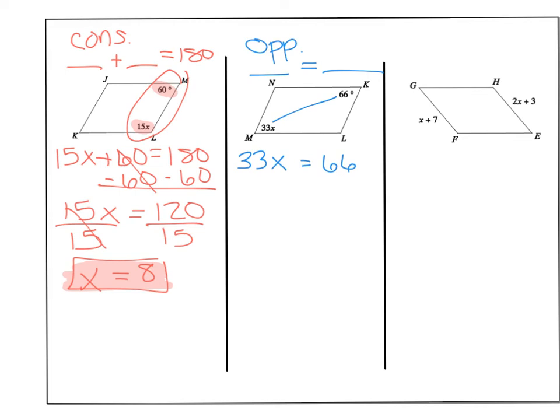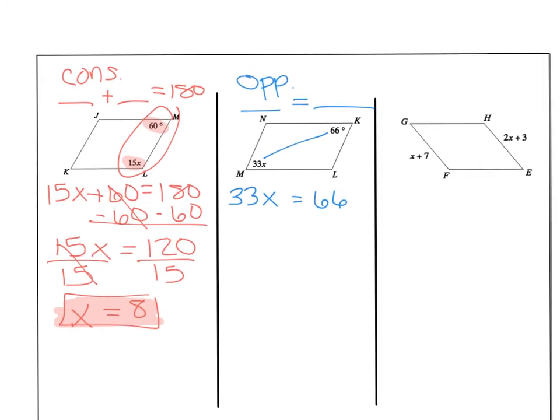Remember, it doesn't matter which side of the equal sign you put things on. I could set this up as 66 equals 33x. It means the same thing, as long as we're setting it up with the equal sign in between. Now I'm going to divide by 33. And then I get x equals 66 divided by 33, which is 2.